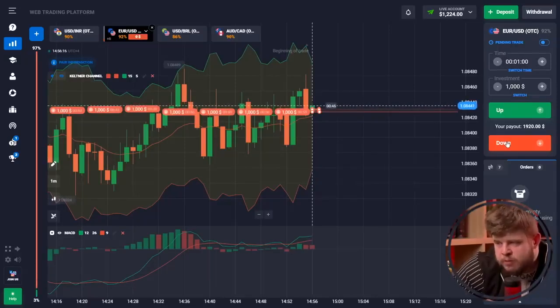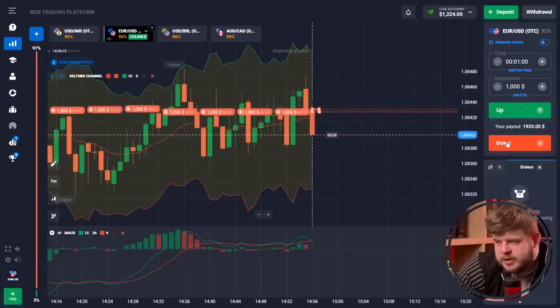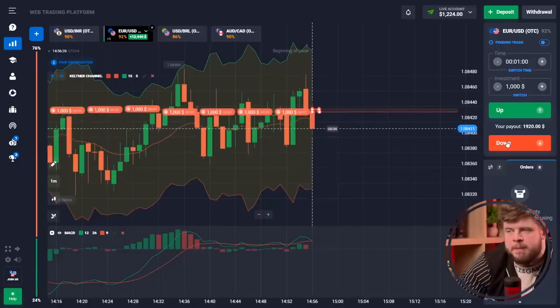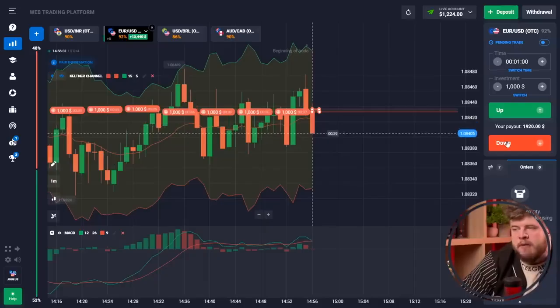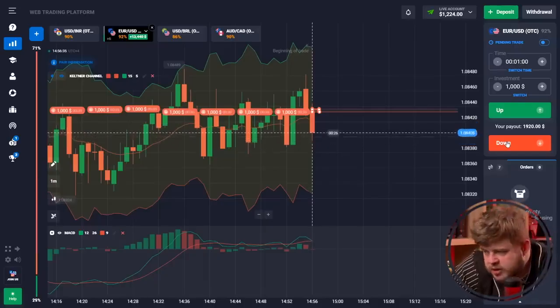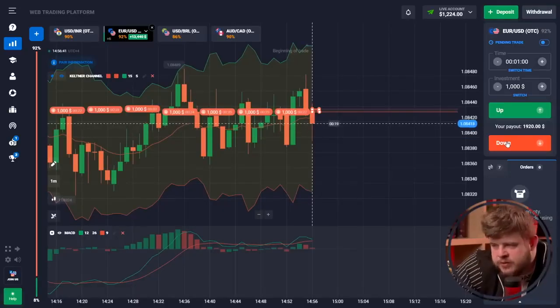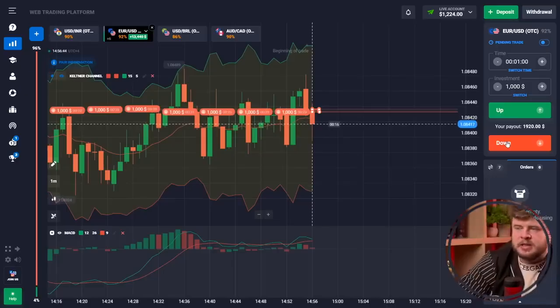All in all, we're in profit, and now we're going all in here. We have $7,000 invested here, and yep, you see MACD indicator once again is absolutely right. We have broken through the middle line of the Keltner channel. Now price is going directly towards the bottom of the Keltner channel. You see this big red candle.